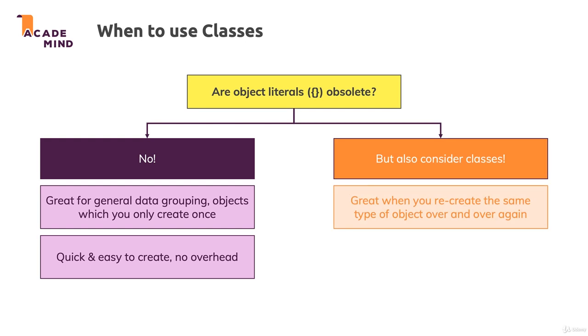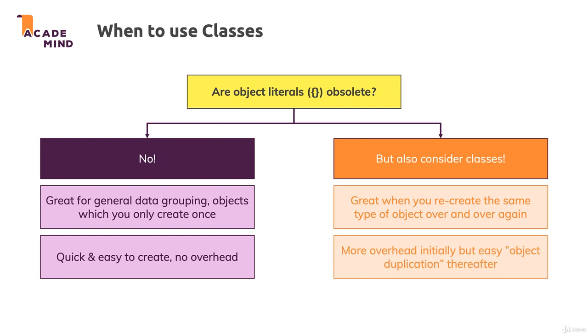If you want to recreate the same type of object with the same structure and the same attached logic over and over again, like in that demo application we worked on. You have a little bit more overhead initially because you need to write that class definition, but thereafter you have that easy object duplication, of course not really a duplication, instead new objects are created with that same internal structure but with different data, depending on how your class works, of course.